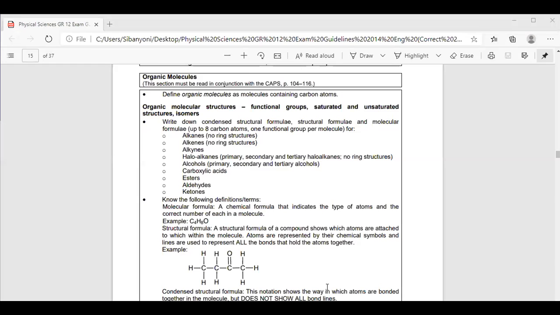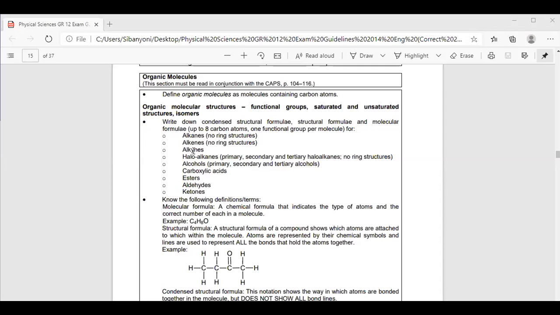So we have a couple of definitions here in this section, only on nomenclature. But overall, my dear learners, there are quite a lot of definitions that you must know, and they are very easy if you understand the work.